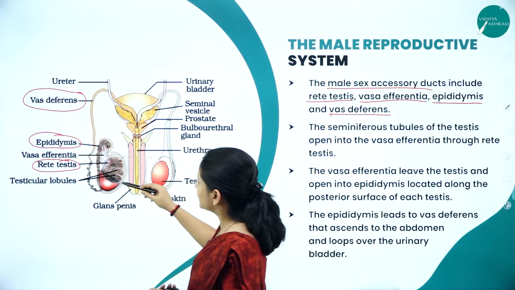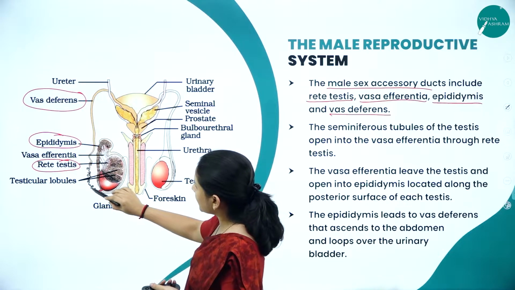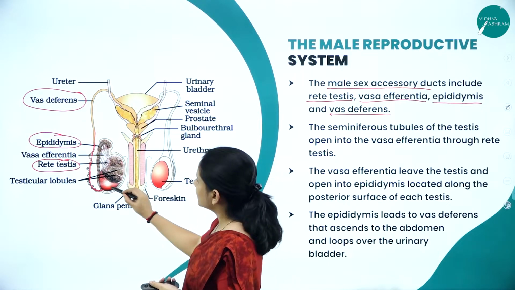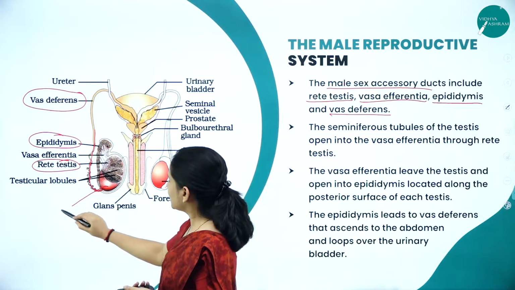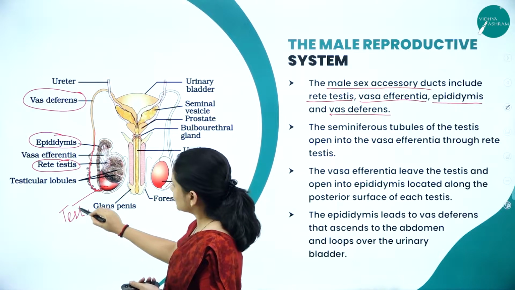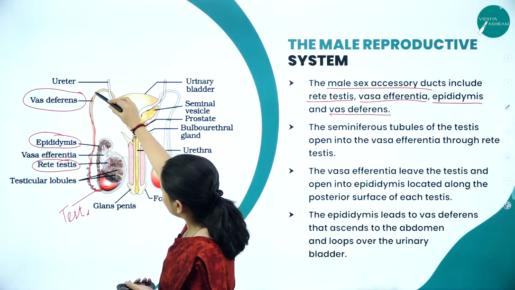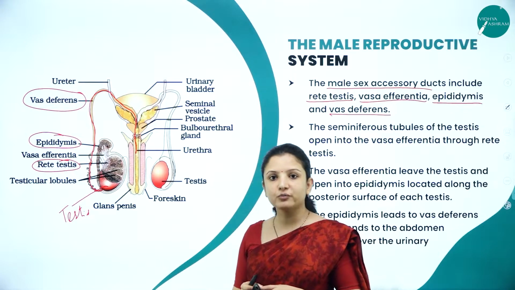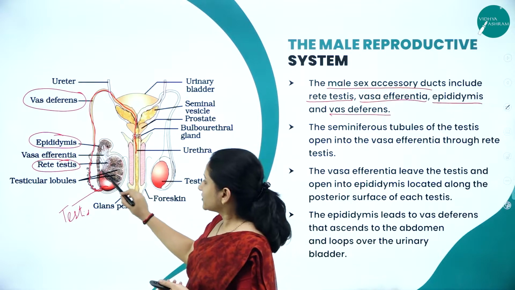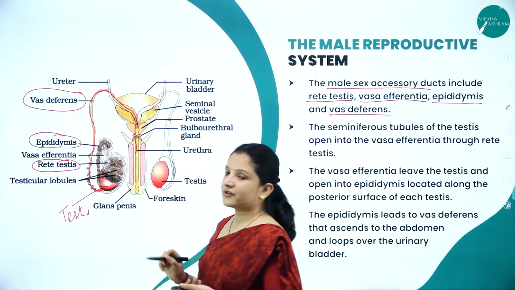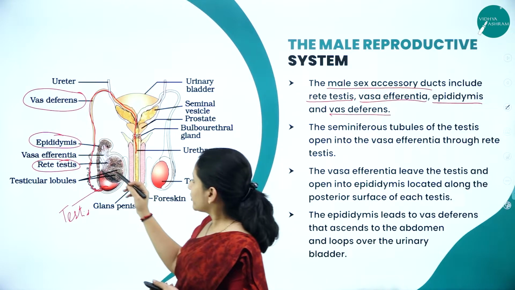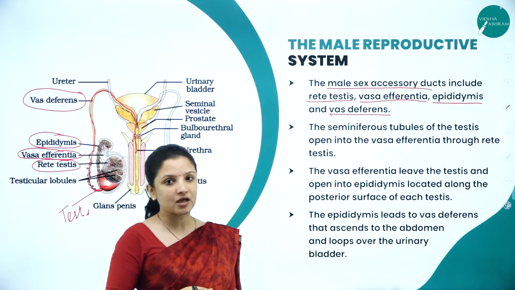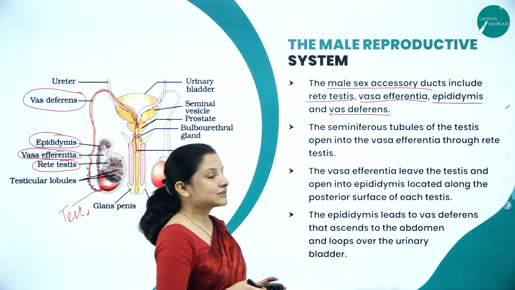The vas deferens forms a connectivity between the testis, so this part is the testis, up till the penis, the external genital part of the human, right? So the sperms usually travel through the vas deferens into the penis. And it also has the vasa efferentia. All these are the accessory organs present in the male reproductive structure.